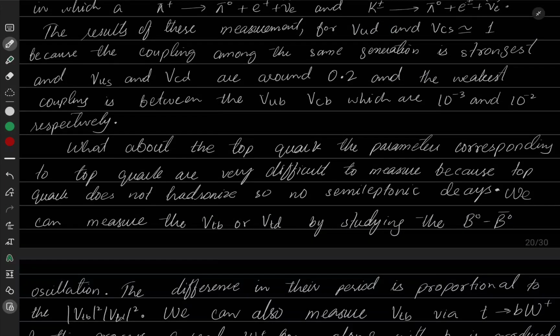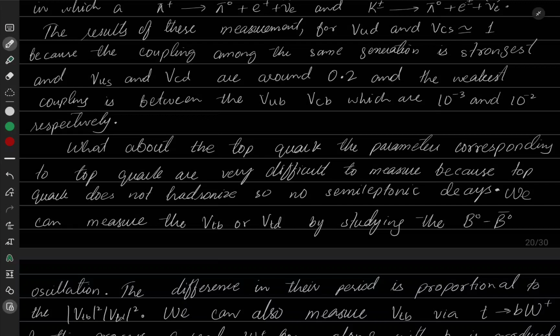Now we talked about the first two families of quarks, the up quark, down quark, strange quark, even the b quark, the bottom or beauty quark, but we have not discussed the top quark. The top quark is so heavy that we cannot actually measure it, it has no time to hadronize.